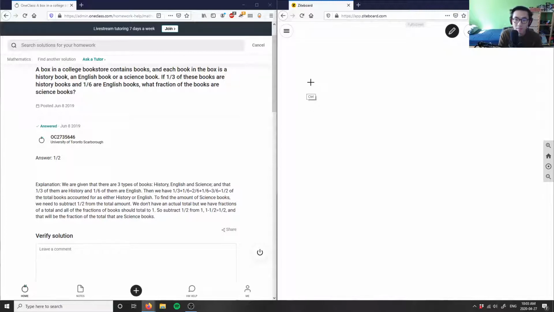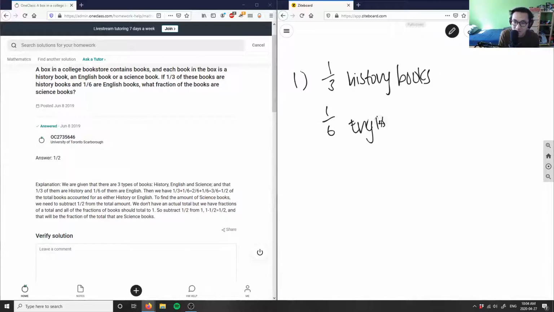There we go. Okay, so a bookstore contains books, and each book in the box is a history, English, or science book. So 1/3 of these are history books, and 1/6 of these are English books.